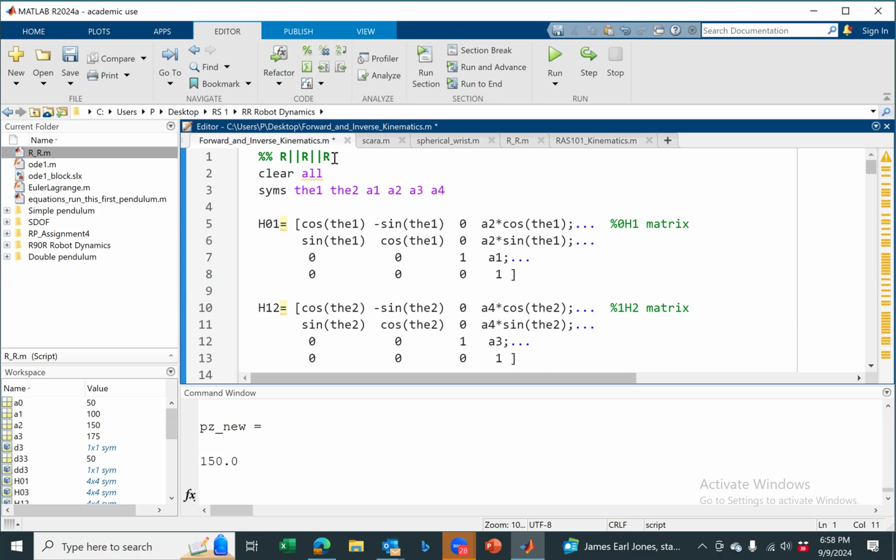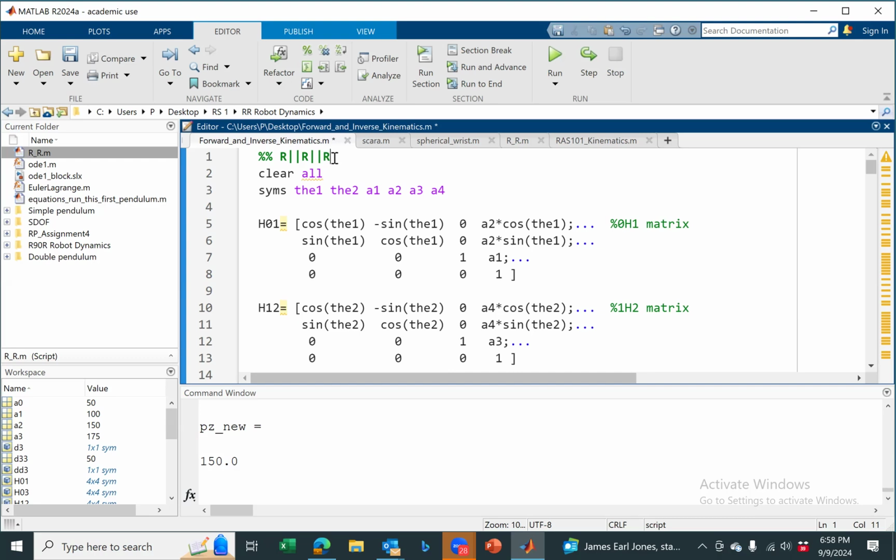Okay. Now go to the second homogeneous transformation. The first 3 by 3 matrix is the same rotation matrix: cosine theta 2, minus sine theta 2, sine theta 2, cosine theta 2, 0, 0, 1. And now look at the right hand side. The first row, fourth column is A4 cosine theta 2.